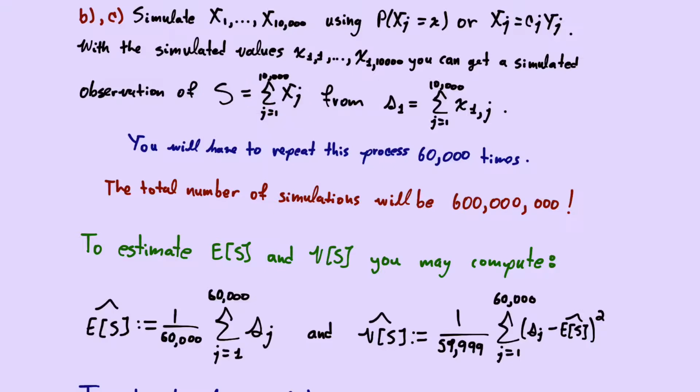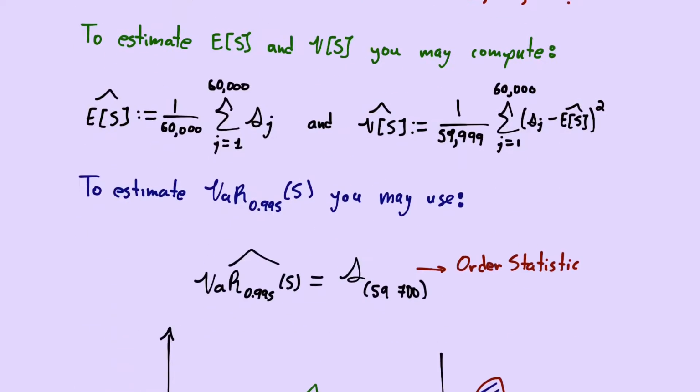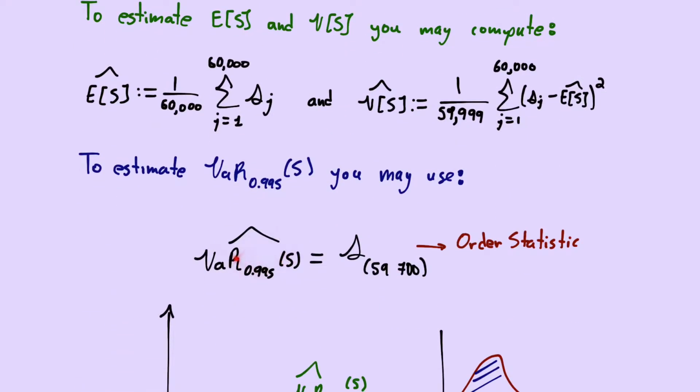But what we can do is get a normal approximation of the random variable. And then with that normal approximation, we can get a normal approximation of this value of the bar at this level.